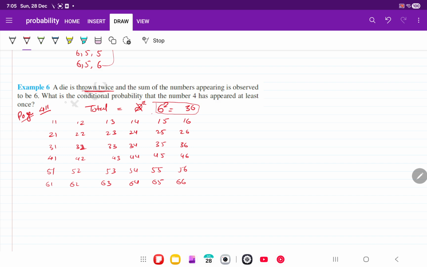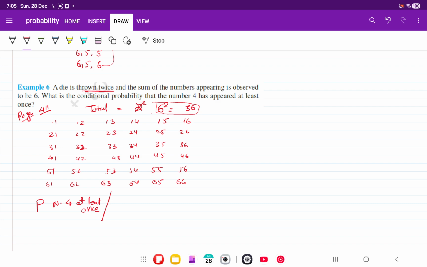So what is the probability they are asking? The probability that number 4 appeared at least once. And what is the condition given?